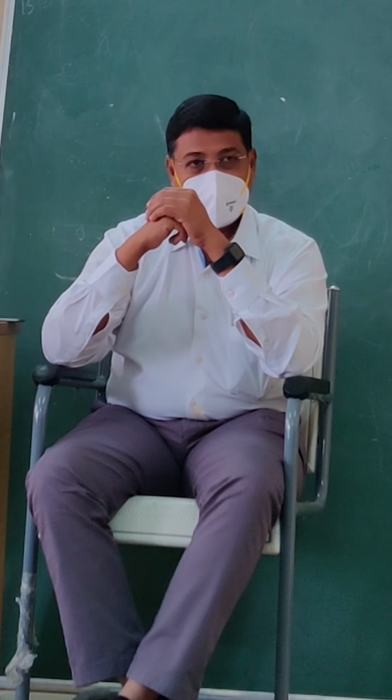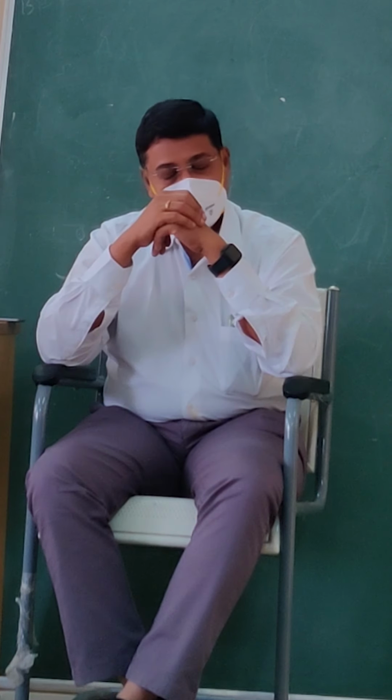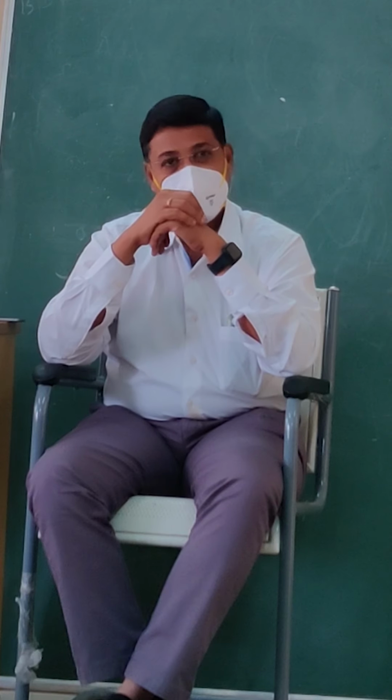In upper motor neuron palsy, the forehead is spared because it has cross innervation or bilateral innervation. There will be some topognostic tests for facial nerve palsy. Yes, Schirmer test. Good.